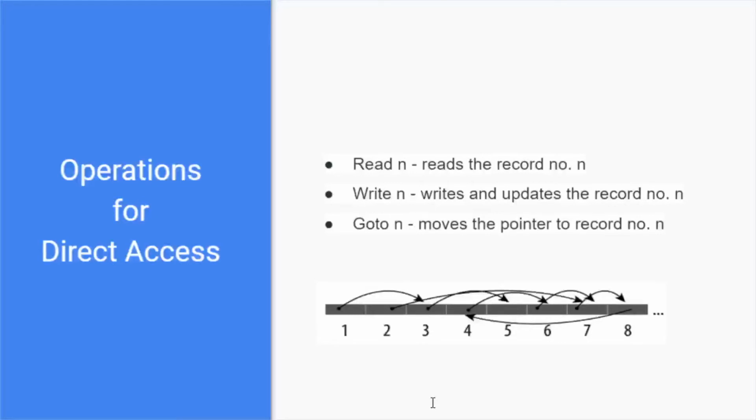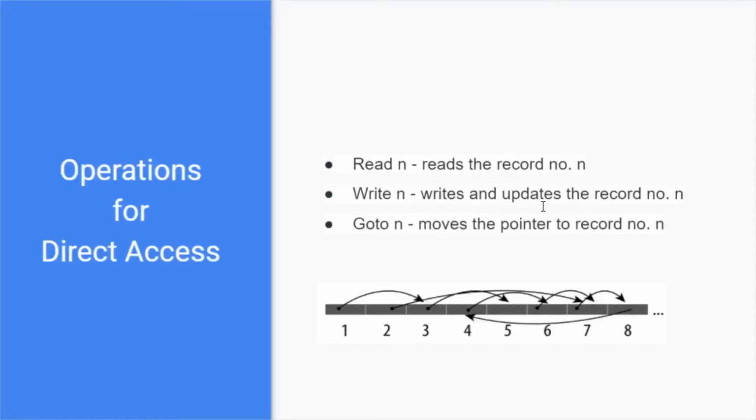Operations for direct access. The first one which we have is read n. It reads the record number n. Suppose we need to read record number 4, so we'll write read 4 and the pointer will jump directly to record number 4 and it will be read directly. The second operation is write n.